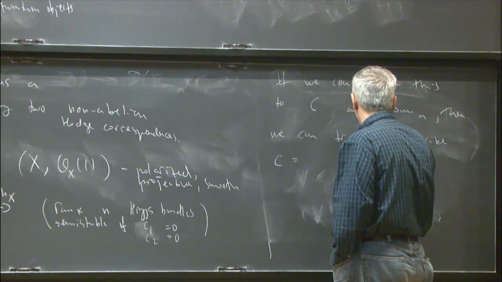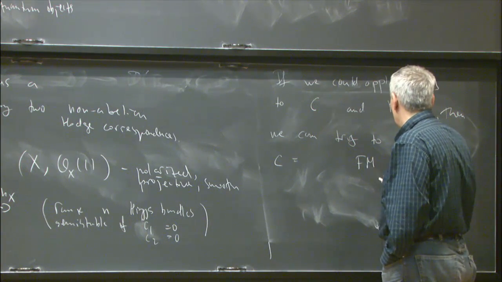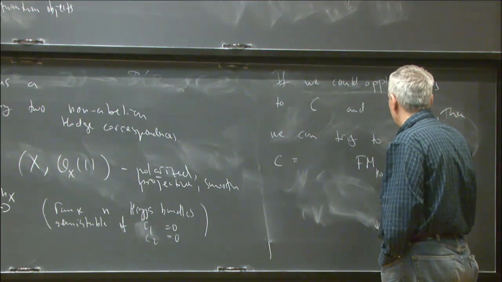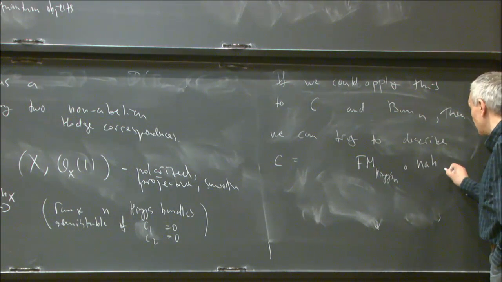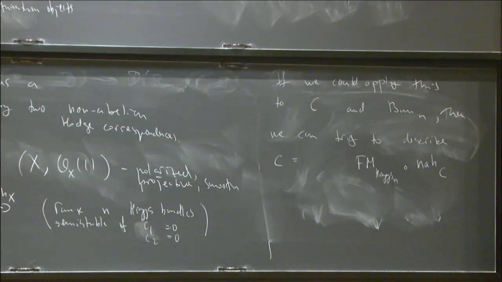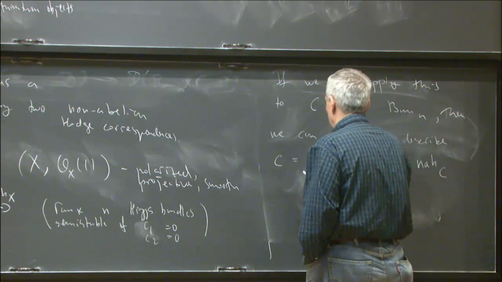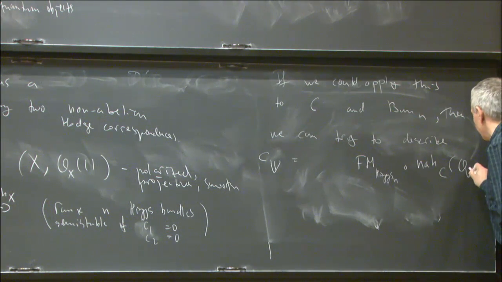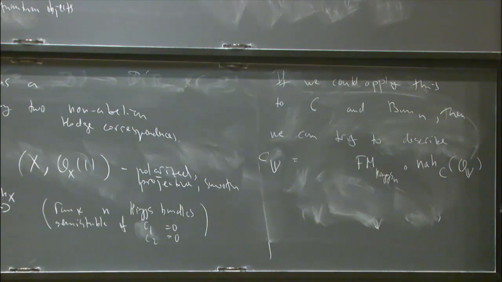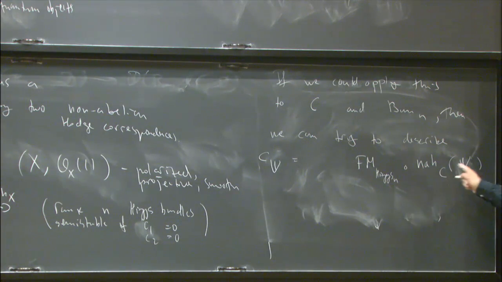You do Fourier-Mukai along the Hitchin fibers. So this is a Fourier-Mukai on Higgs n. To get to Higgs n, you have to apply the non-abelian Hodge correspondence to C. And then C_V is supposed to be the non-abelian Hodge correspondence applied to the structure sheaf of the point, to V itself. So that will give you a Higgs bundle on C.